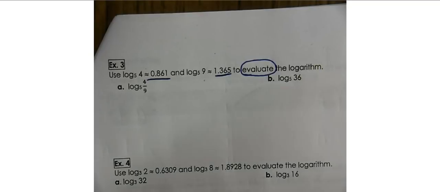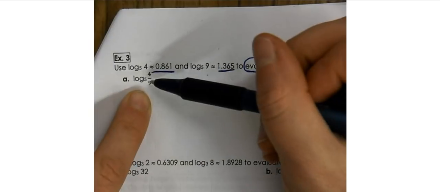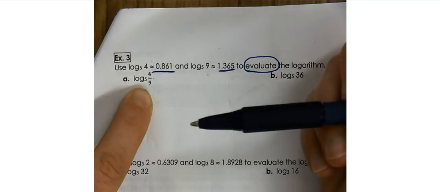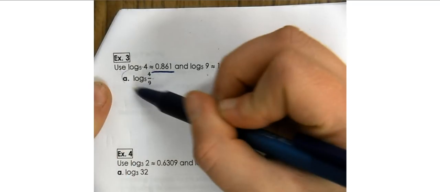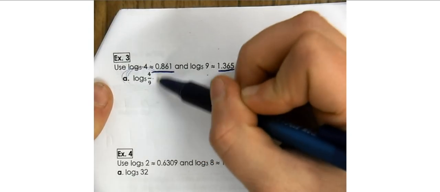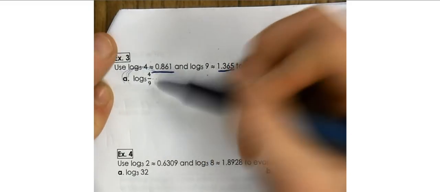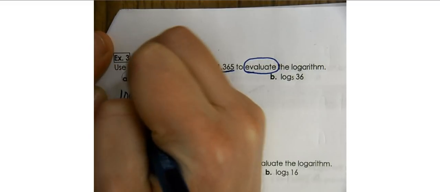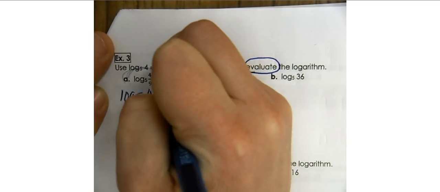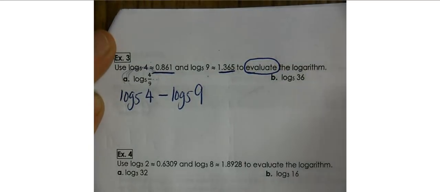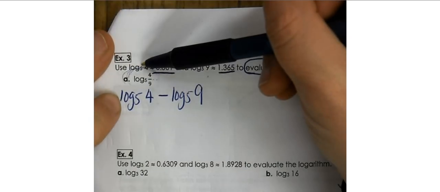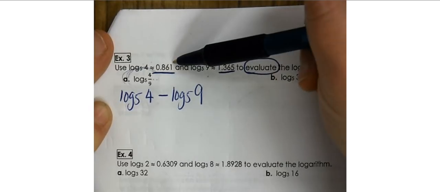So what we have here in example letter A is log base 5 of 4 divided by 9. So what we're going to do is use our properties to expand this expression. This means log base 5 of 4 minus log base 5 of 9. So we know that log base 5 of 4 is equal to 0.861.